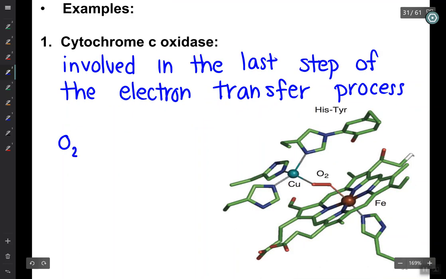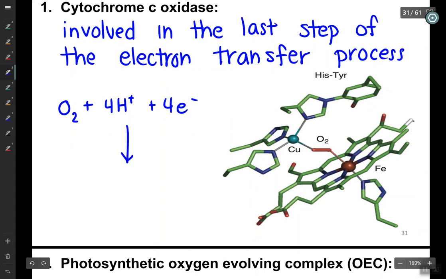And the overall reaction is O2 plus 4 protons and 4 electrons. And what's really unique about this enzyme is that it contains a mixed metal system. It's got copper and iron, and it reduces the O2 to 2 molecules of water.